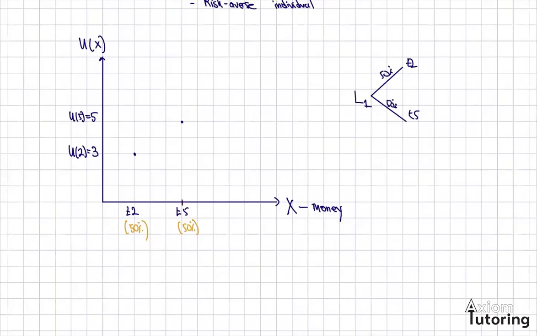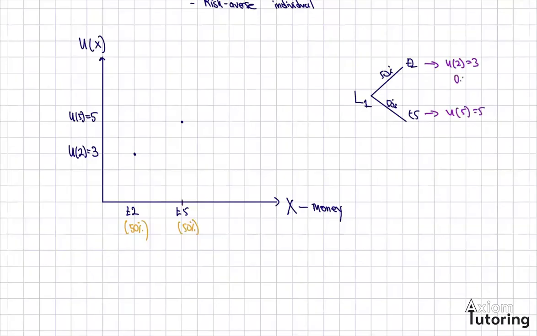We're going to say that people in this world, and this assumption is going to hold throughout most microeconomics courses, or I might even say all microeconomics courses, care about expected utility. In other words, the utility of 2 was 3, and the utility of 5 was 5.